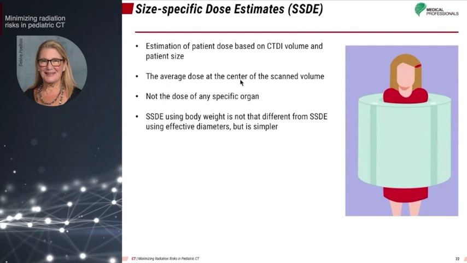A handful of studies have concluded that body weight can be used instead of diameter in calculating SSDE with no significant differences in results. Using the body weight method appears, however, to be less complicated and faster.